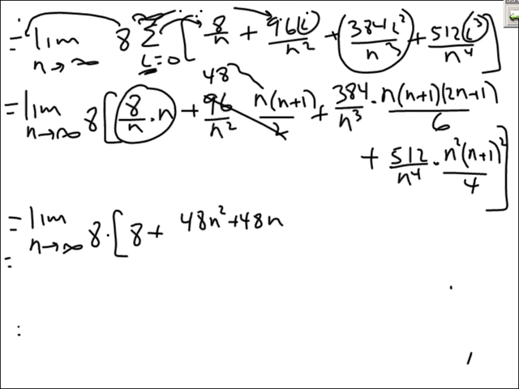Think of this as 48n times n, 48n squared, plus 48n times 1, and this is all over n squared, plus.